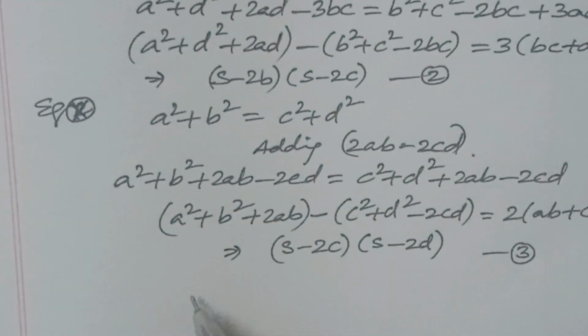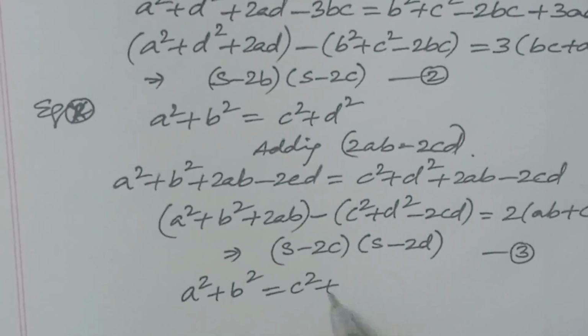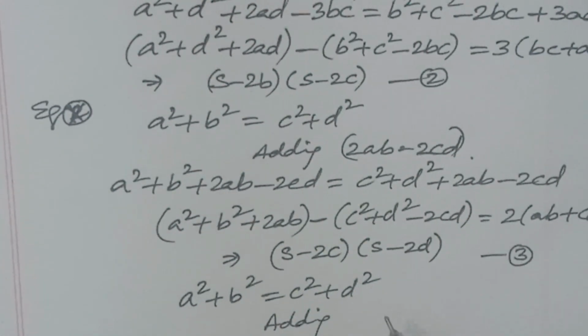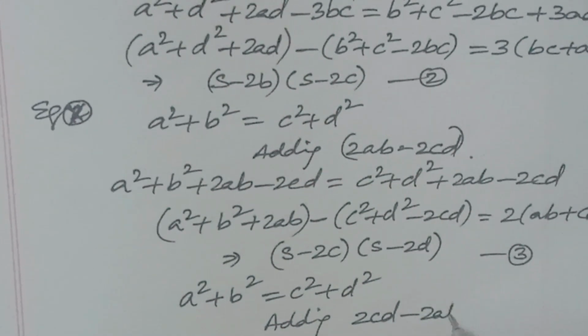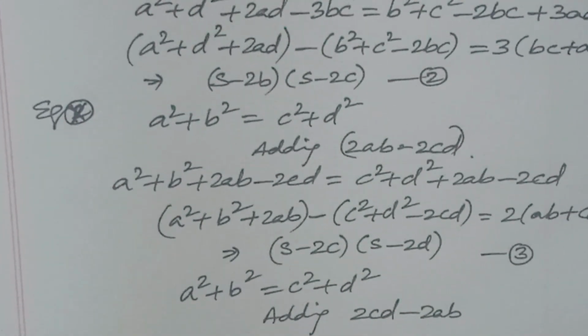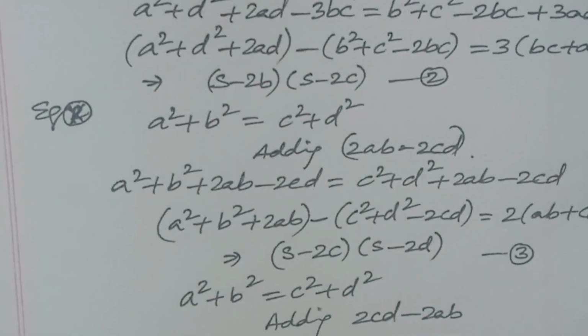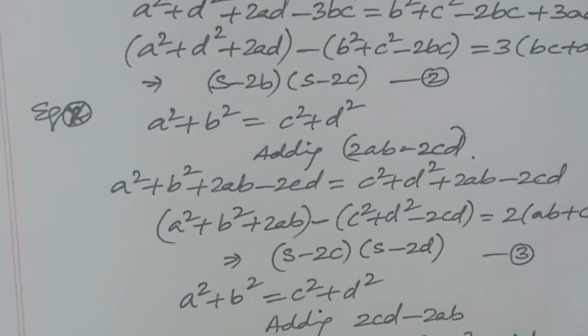Now again A square plus B square is equal to C square plus D square. We are adding 2CD, just changing to minus 2AB. So A square plus B square plus 2CD minus 2AB is equal to C square plus D square plus 2CD minus 2AB.